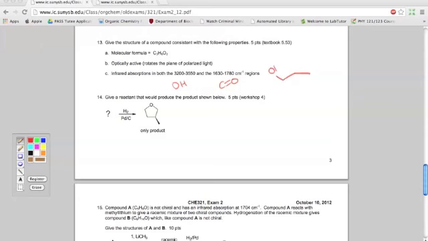I'm first going to put an OH here, and a double bond O there. And this is literally what you're going to be doing when you're taking the exam, and they're most likely going to ask a question like this. You're just going to do trial and error, make a molecule, and see if it fits all of the criteria. So it does match the molecular formula, but let's see if it's optically active.